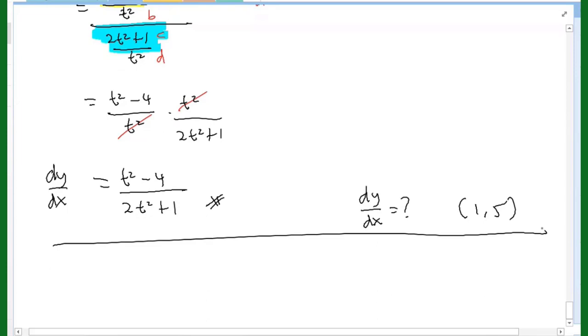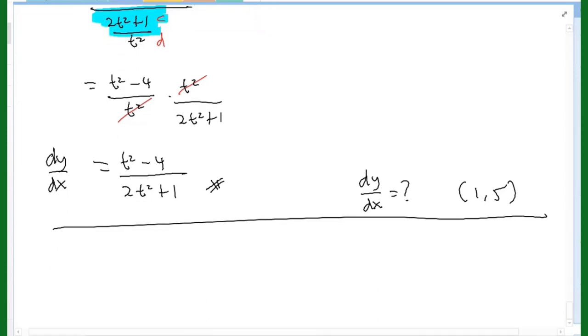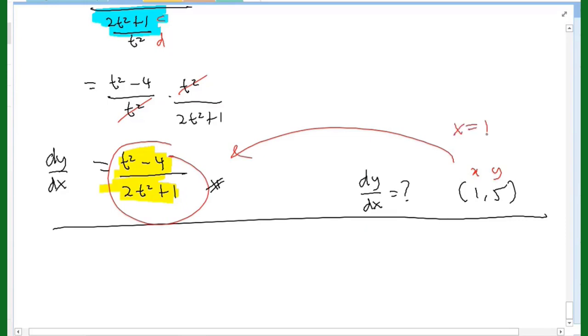Okay. Now let's say if you have to substitute value, this is t. This one is the next x, y. Okay. So what to substitute here? Where to substitute this value? X is equal to 1. Y is equal to 5. Okay, dy dx this one is parameter t, so we cannot substitute lah.